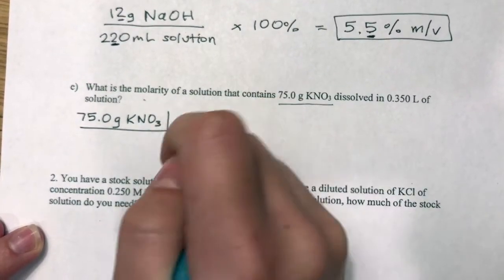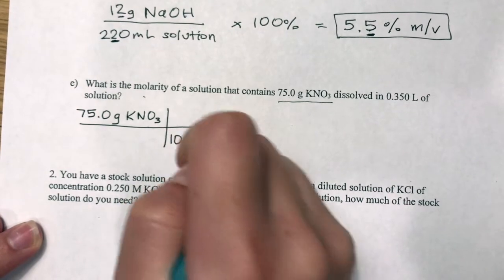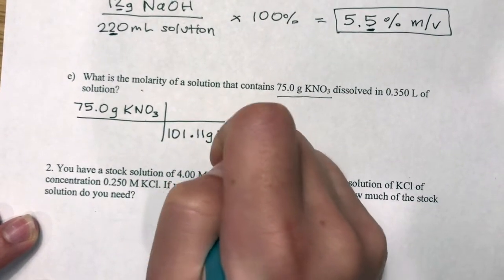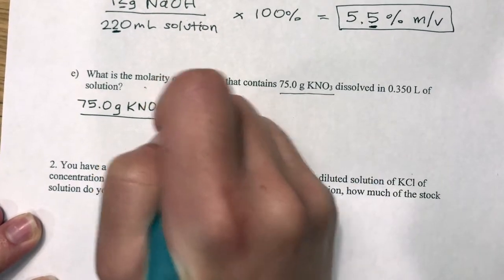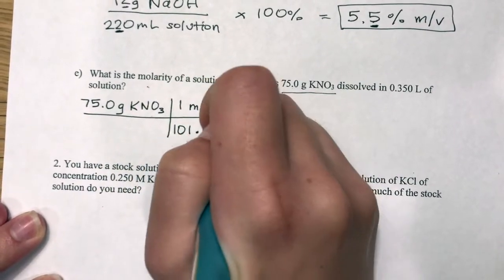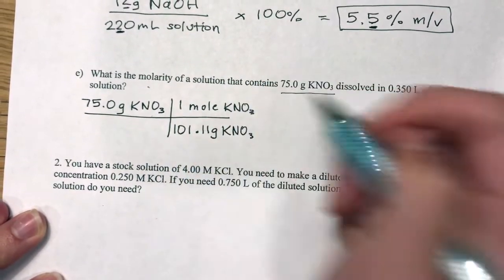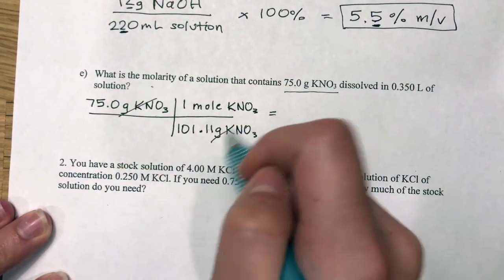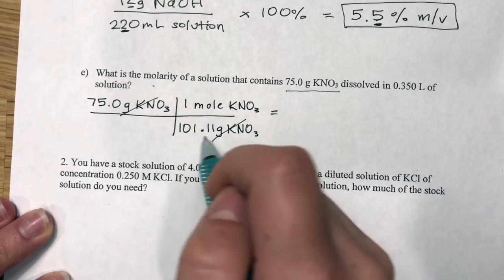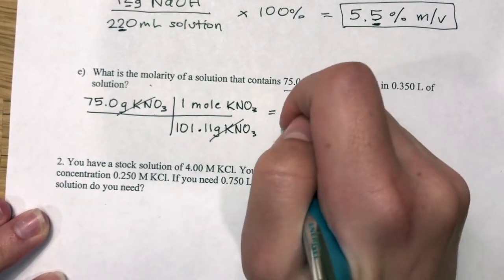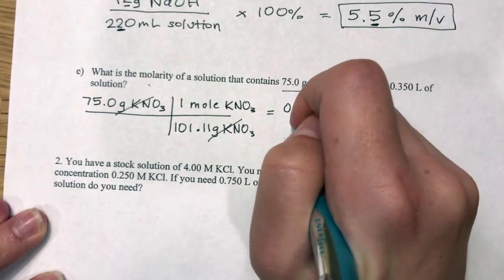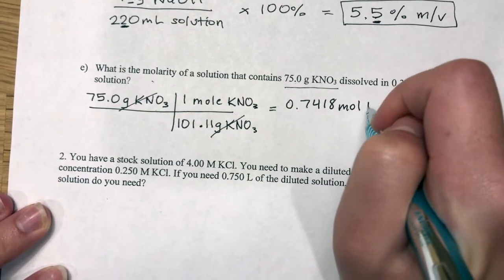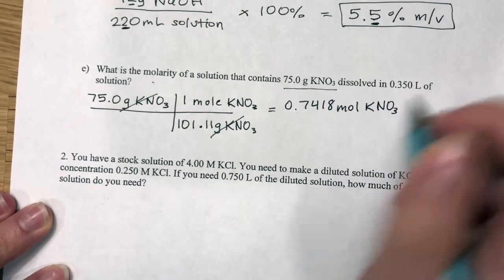Molar mass is 101.11 grams in 1 mole KNO3. That gives us, grams cancel out, divide 75 by 101.11, and we get 0.7418 moles of KNO3.